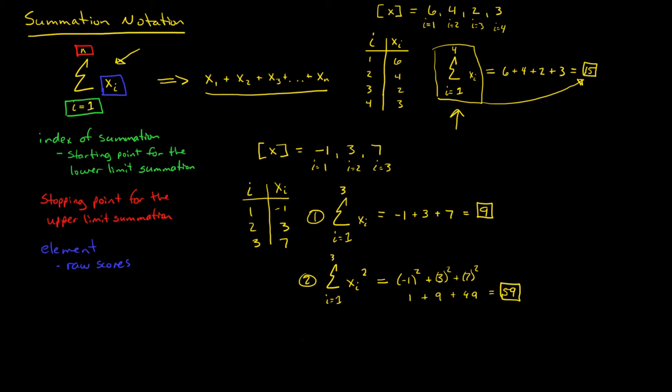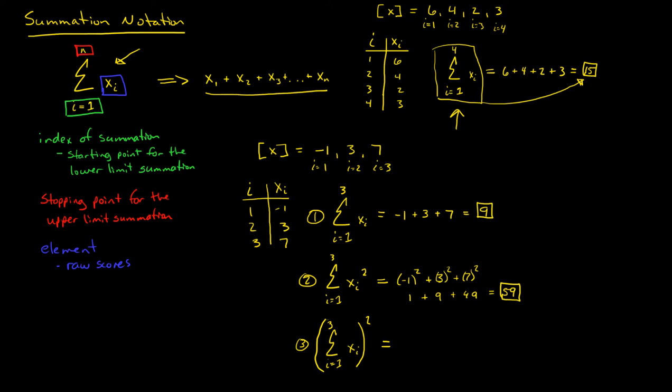So here might be a third way you might see this. The sum of i equals 1 through 3 of the x sub i raw scores, and then take the whole expression and square it. So what would this look like? Now remember your order of operations, you're going to clear the parentheses first.